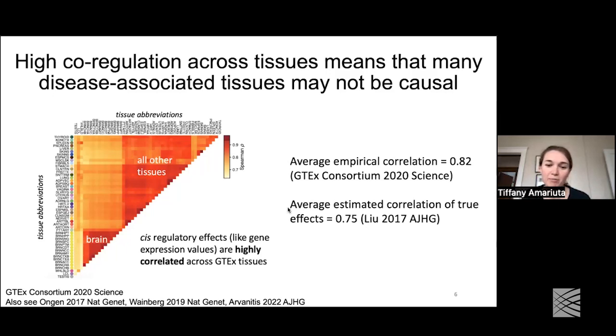And then methods that have been devised to estimate rather the correlation of true effects give a more accurate estimate of what this would be, which is set at 0.75. And this correlation structure will come in handy when we're developing our method and trying to devise a simulation framework to assess how we can parse this information across tissues.